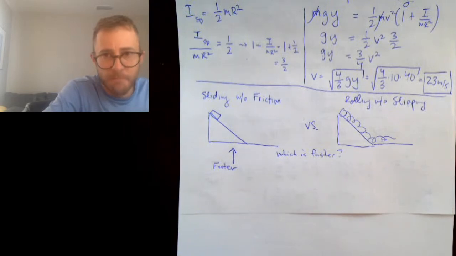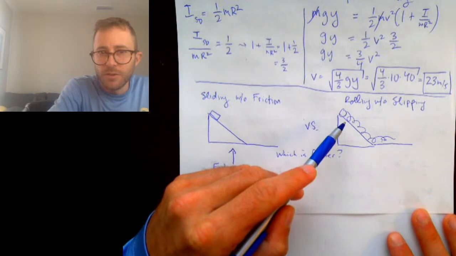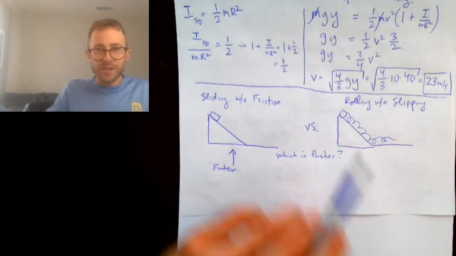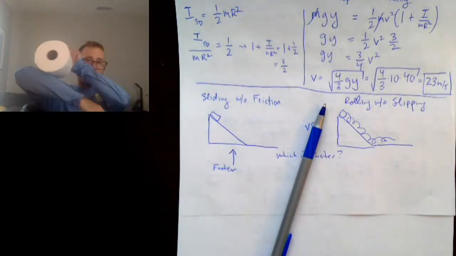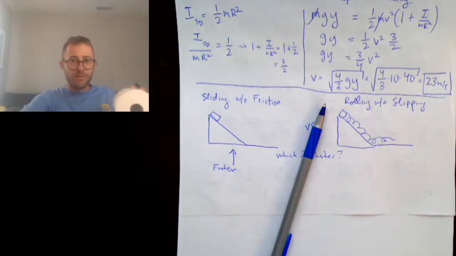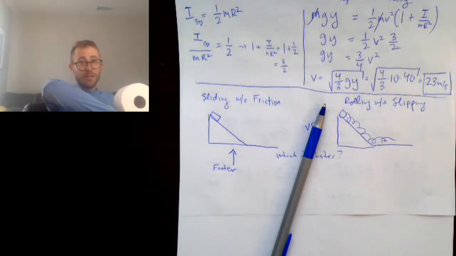So why is that? Well, if you think about it, in order to roll, you need to have friction. Okay? Because if there was no friction, we had this toilet paper roll on a hill, it would just start to slide. Friction is the thing that makes something start to roll to begin with, right?